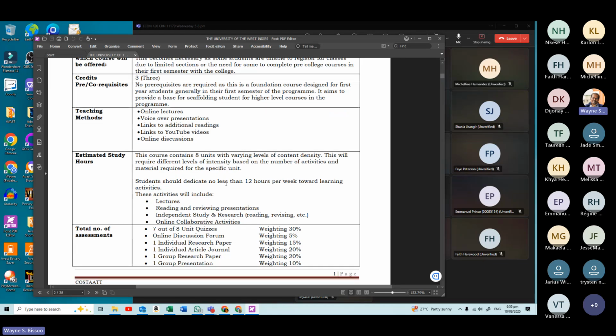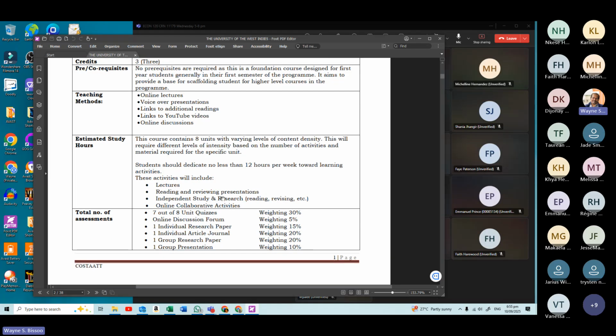Students should dedicate no less than 12 hours per week towards learning these activities. 12 hours a week divided by 5, that's about 2.5 hours a day. Actually, if you give it about 5 hours a week, it might be good. But it requires that you do a number of things.